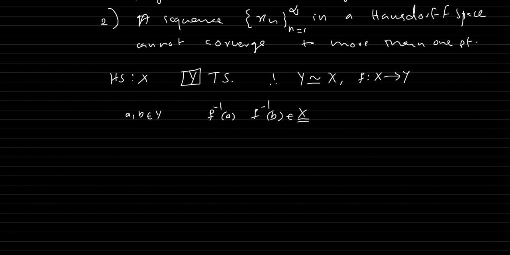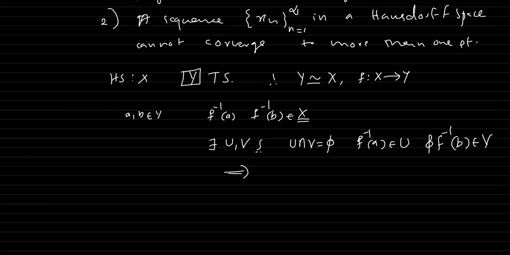That is, there exist two open sets U, V such that U intersection V is equal to phi, and f inverse of A belongs to U and f inverse of B belongs to V. And this implies that A belongs to f of U and B belongs to f of V.